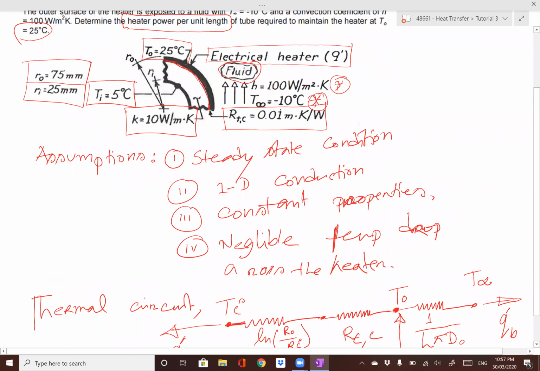It will transfer from the heater to the outside, and another part will go in this direction, so this one is QA, this one is QB per unit length. So the total heat required will be the summation of QA plus QB.